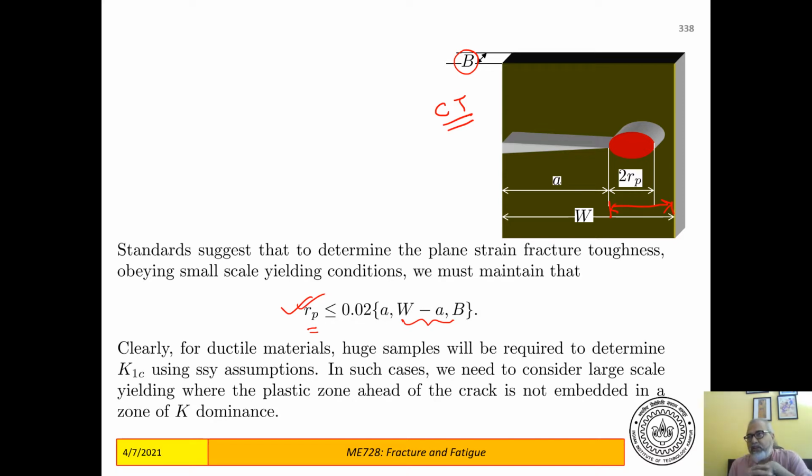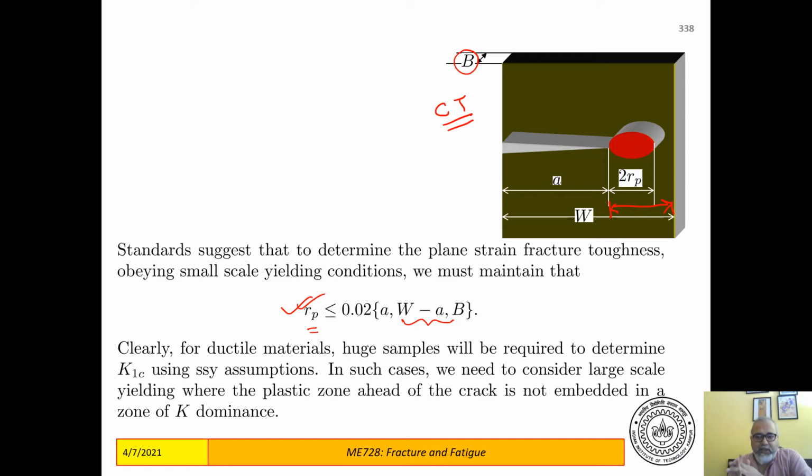So I will spend quite a bit of time, after at least four lectures, dealing with plasticity, dealing with the mathematical theory of plasticity, how it is framed and all, and then we will see how different aspects of plasticity are applied to the mechanics of a sharp crack, where small scale yielding assumptions are no longer valid.